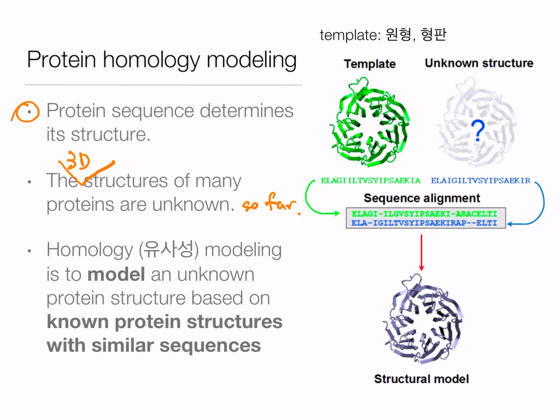So then, if the 3D structure of a protein is not known, then what can we do? Then we can model its structure. Let's take a look at this example. Let's say we know the sequence of this protein, and also we know the 3D structure of this protein.